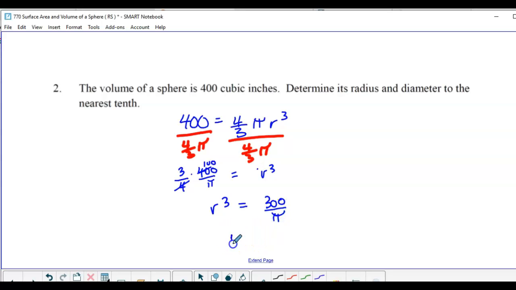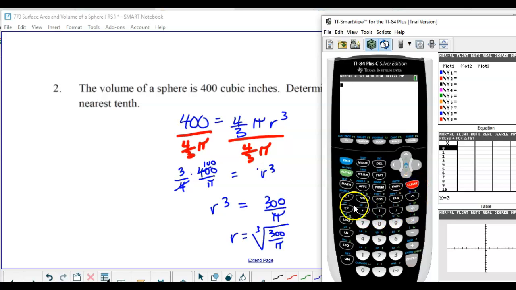And so now to get r, I need to take the cube root of 300 over pi. So this one I'll do on my calculator here. So remember, cube root, math, down to cube root, and then 300 divided by pi. That's all underneath the radical. Then cursor out, and that's going to be 4.57.